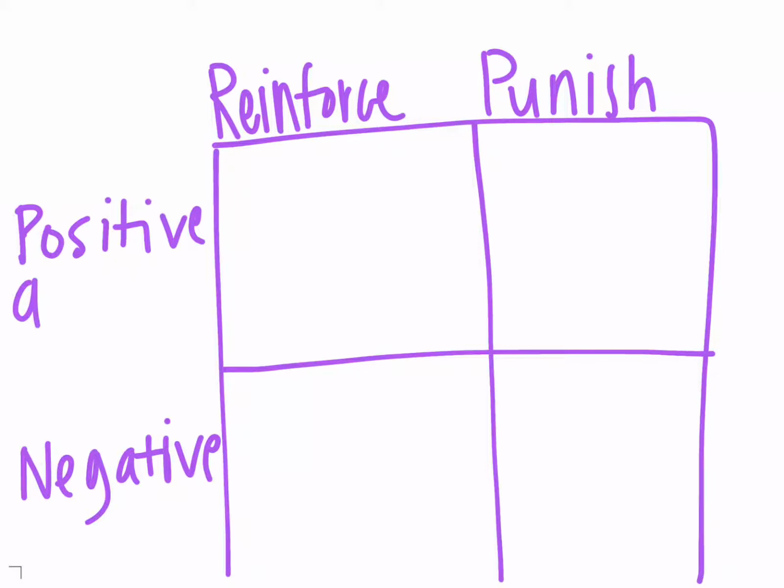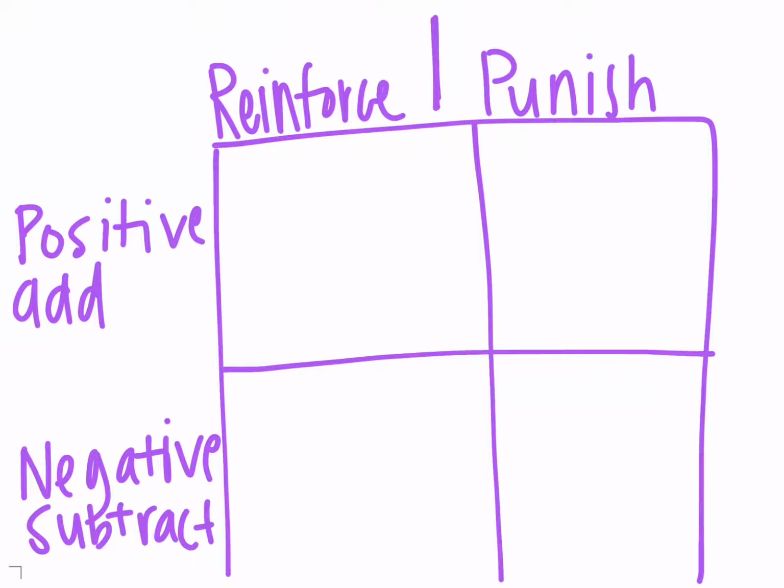Positive, just another way of saying add. Negative, just another way of saying subtract. Reinforcement, fancy word for telling you a behavior is going to increase. Punishment, fancy word to tell you that a behavior is going to decrease.